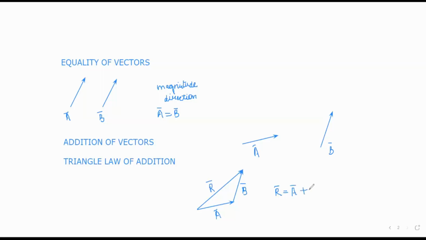As we are joining tails and heads of the vectors, this method is also known as the head to tail method. We have just joined the tail of A with the head of B, and here comes our resultant vector, A plus B.